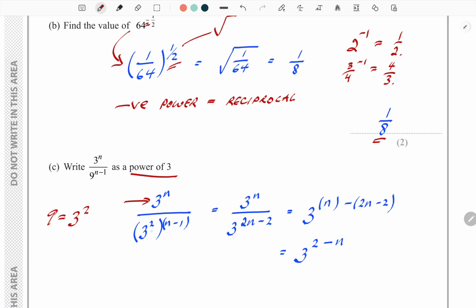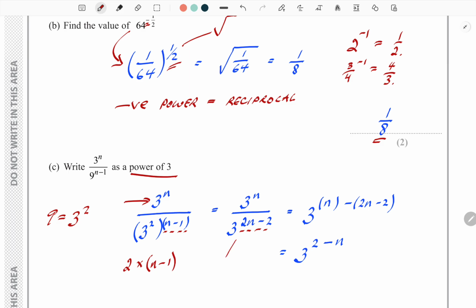So we're going to write 9 as 3 squared, and then apply the original n minus 1 power to that. So that turns out to be 3 to the power n, divided by 3 to the 2n minus 2, because as I showed earlier in the question, you're effectively multiplying those powers. So 2 times n minus 1 gives you 2n minus 2.